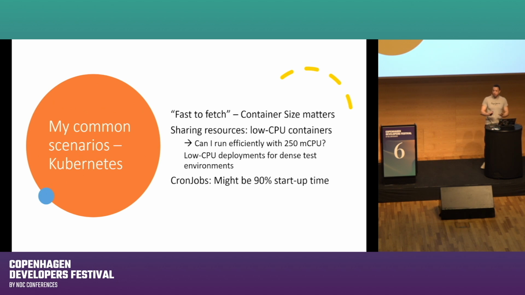It's not the ideal solution for everything, but if I want to do something twice an hour or twice a day, it's a perfect way to do it. And then if I deploy something with maybe 100 or 200 milli-CPUs, I might be stuck with 30 seconds of startup time, which I have to pay for and account for. Maybe there are some ways to improve that.